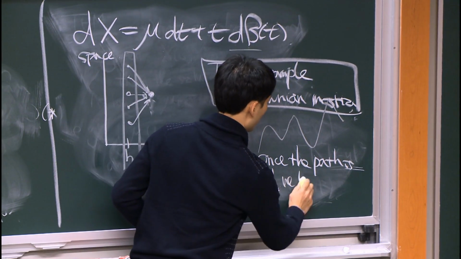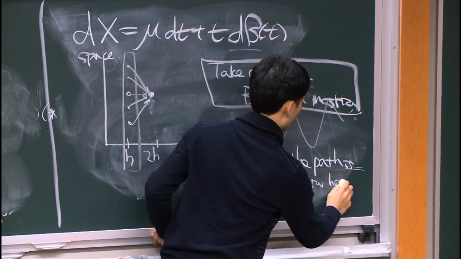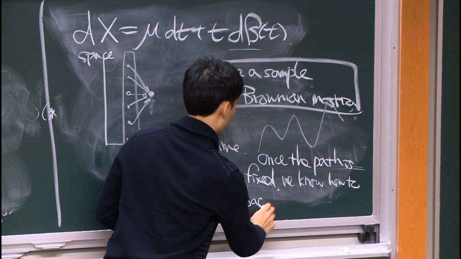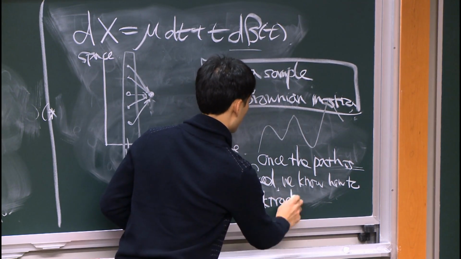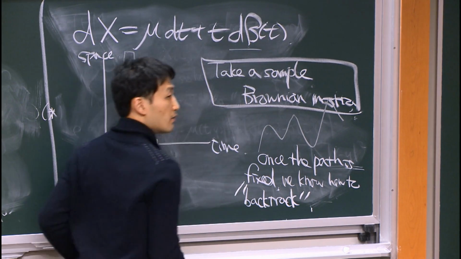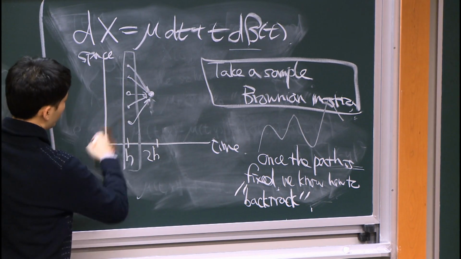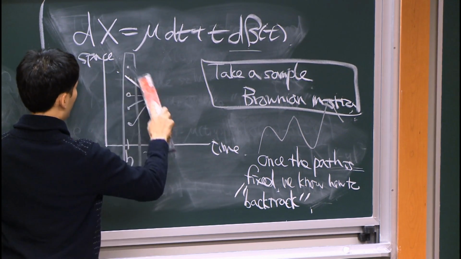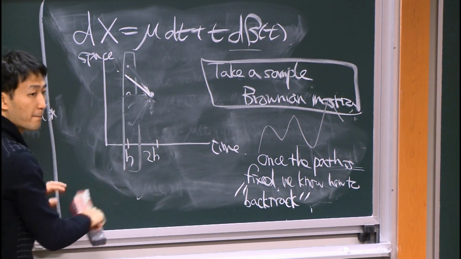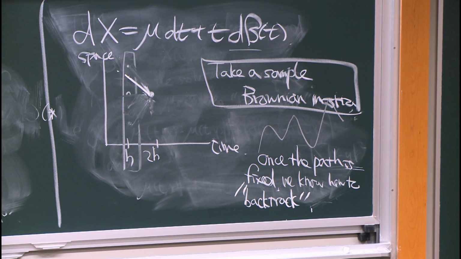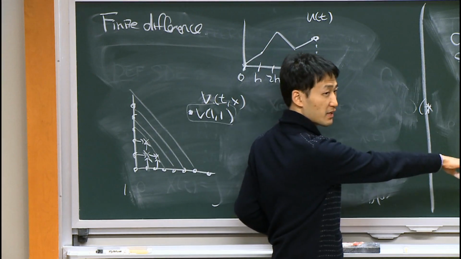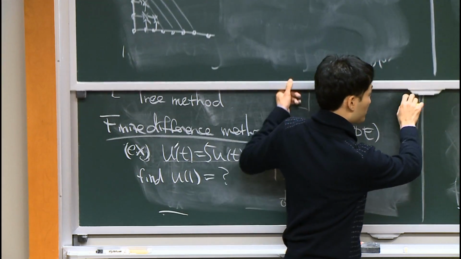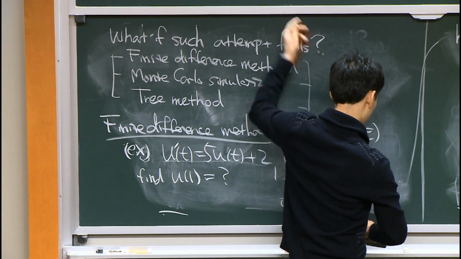We know how to backtrack. That means instead of all these possibilities, we have one fixed possibility. Like that. Okay? So just use that finite difference method. What's that fixed path? That will be the idea.